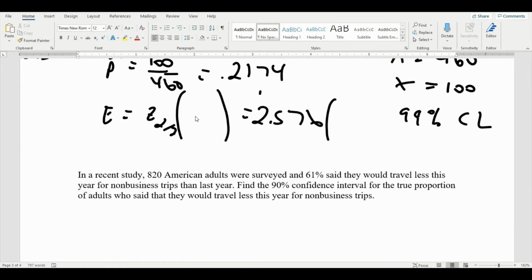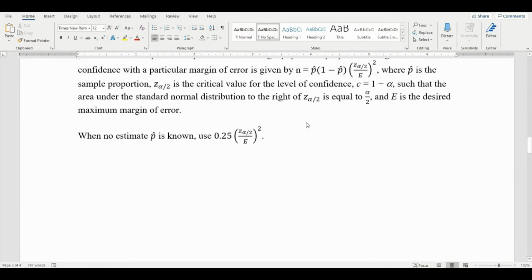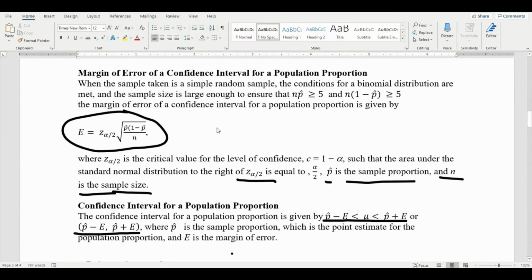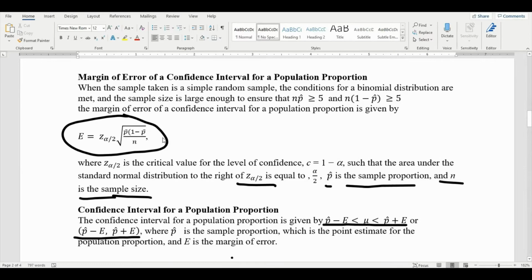This is getting even uglier and uglier. That's p hat times 1 minus p hat over n. Hope y'all can see that.